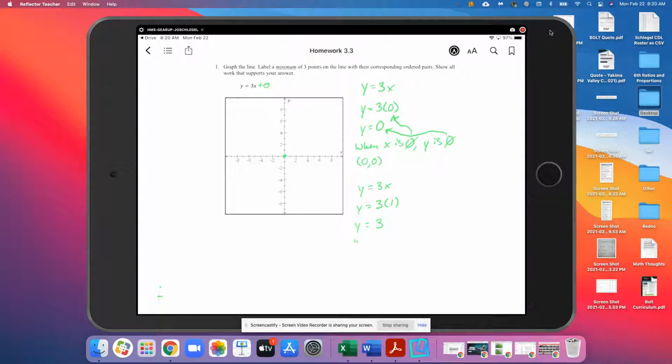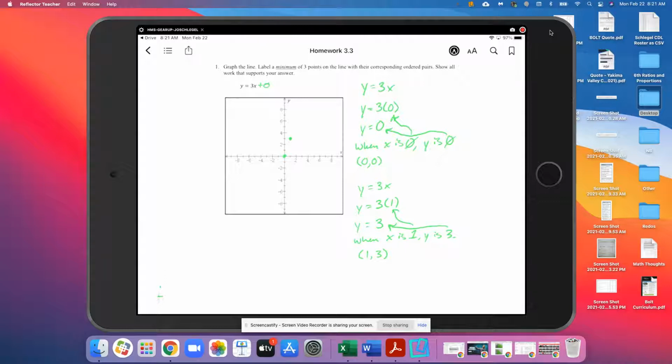So what that says is when x is 1, right there I put 1 in for x, y is 3. And that's right there. So I get the ordered pair from there that x is 1, y is 3. And so on my graph, I could come over and go to 1, 3, and put that there.